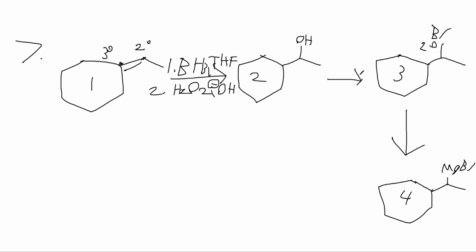If it's secondary, it's generally better to use PBr3 and THF, but doing this is pretty much equally valid. So either of these, PBr3 and ether, or hydrobromic acid and ether, would be okay to substitute a bromine for that alcohol.